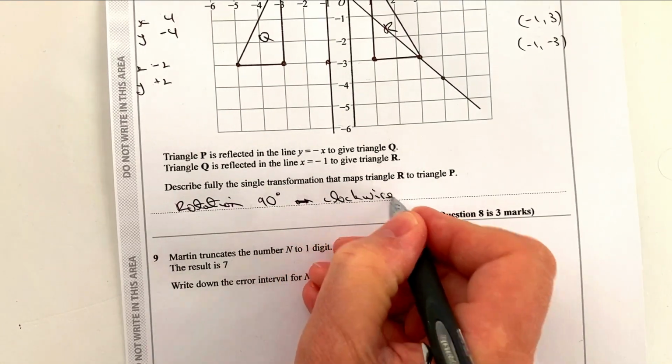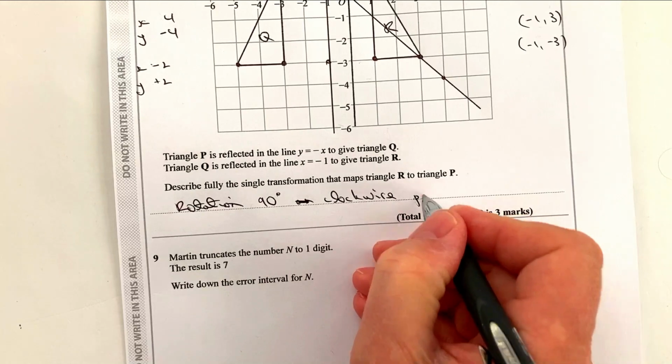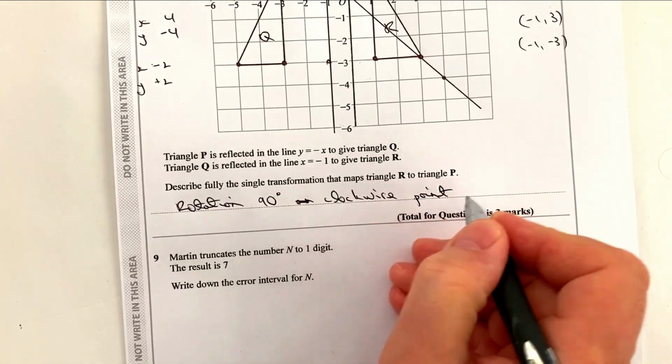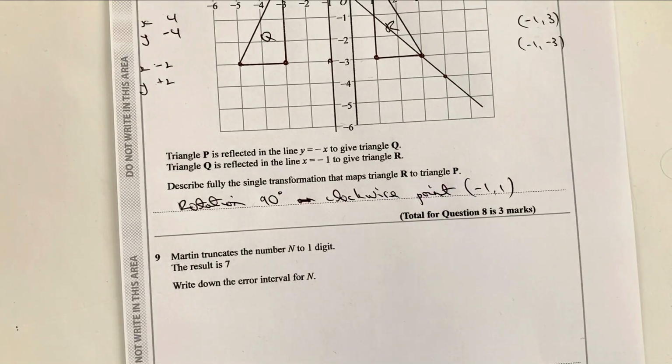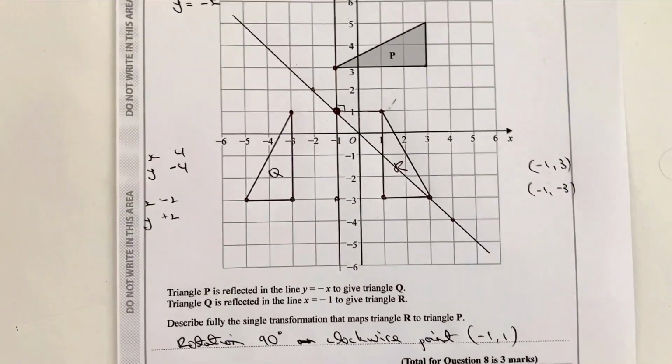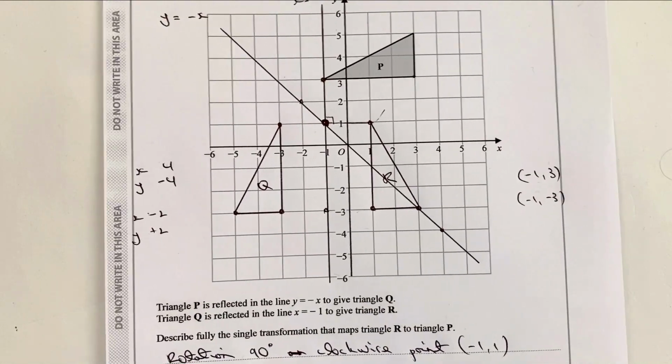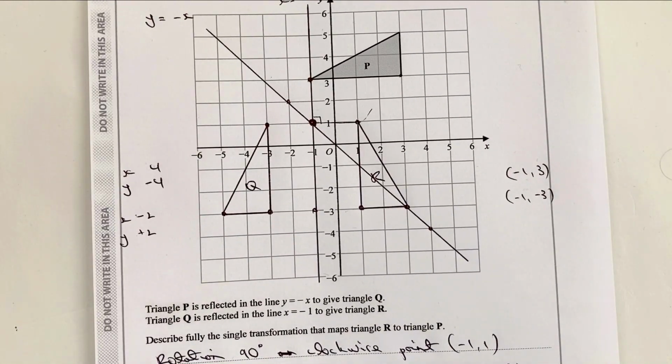And it's around point -1, 1. That would be absolutely fine for this particular question. However, please do check that using tracing paper if you wanted to, and also download the videos on the 3-Minute Maths website, and you'll be able to have a go at each of these.